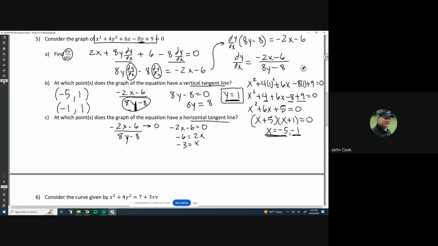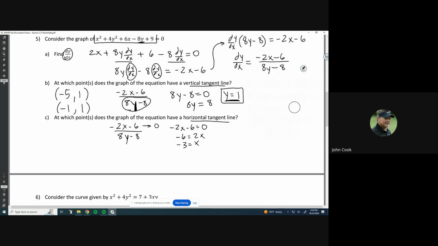So now, we do the same thing where we take the original equation, just like what we had over here, and then we plug in negative 3 for x and solve for the corresponding y values. So let's see here. The equation was x squared plus 4y squared plus 6x minus 8y plus 9 equals 0. So let's let x equal negative 3 and see what happens. So we plug in negative 3 for x. We don't know y.